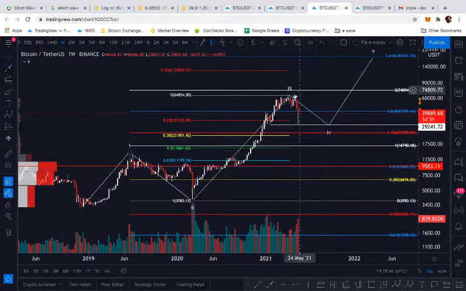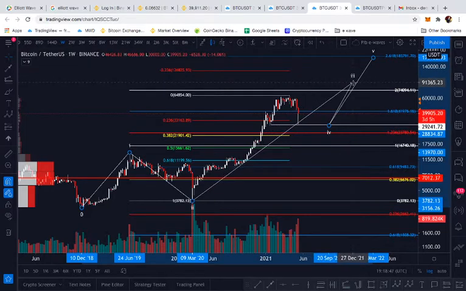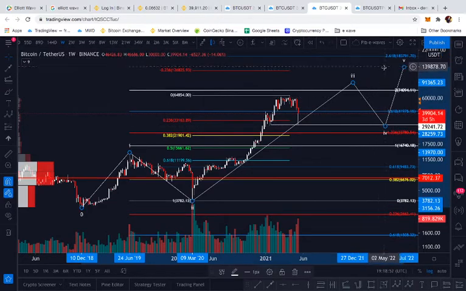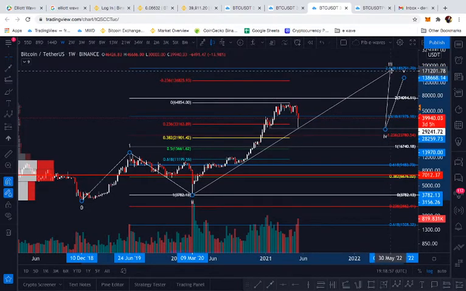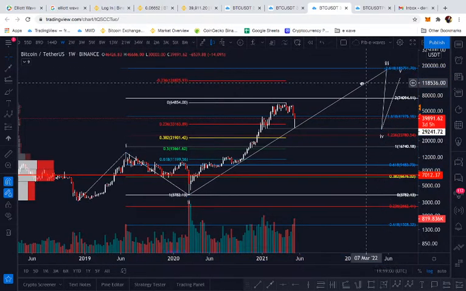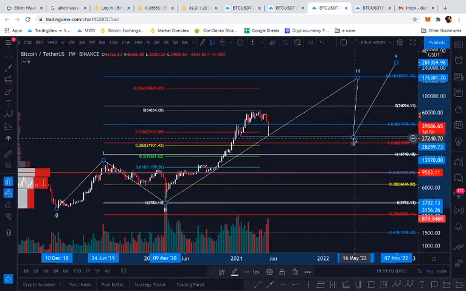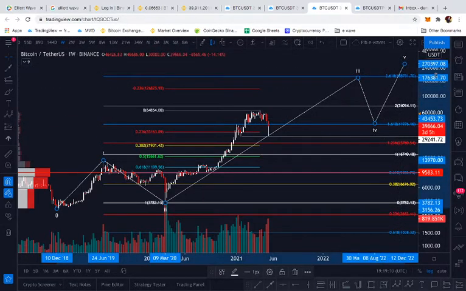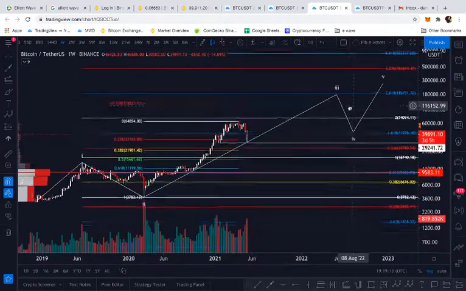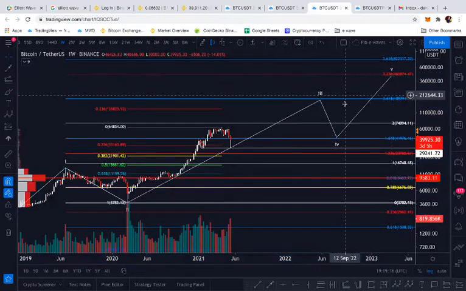And so if we had another impulse of the wave 3, could that work, right? Because I'm thinking that this is just like a wave 3. We're still in the wave 3, but I could be wrong. I'm going to watch this B wave retracement upwards.